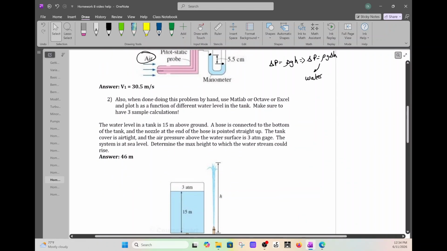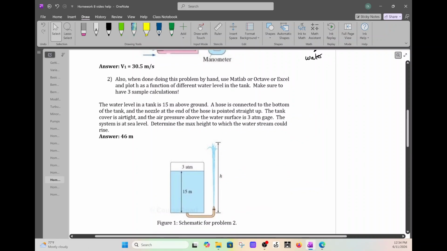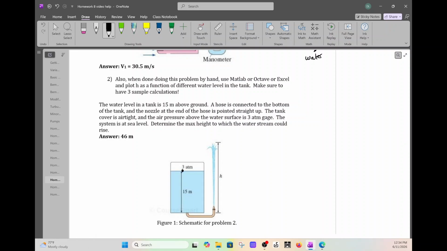Problem 2. You have this tank. It's pressurized with 3 atmospheres inside. You want to figure out how high it is. And then I want you to make a plot of H, which is on the y-axis, as a function of different water level in the tank.